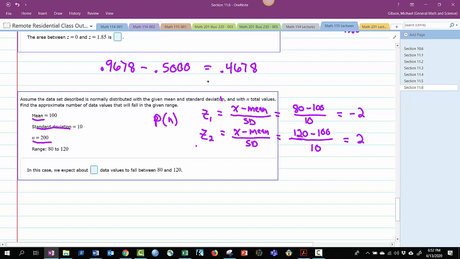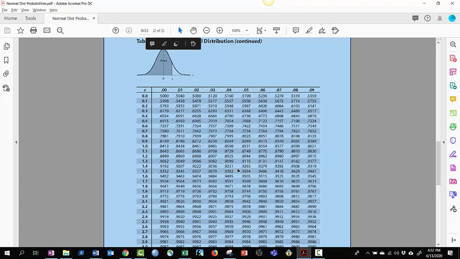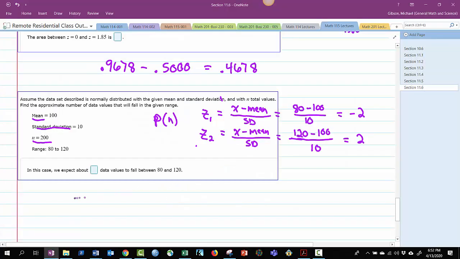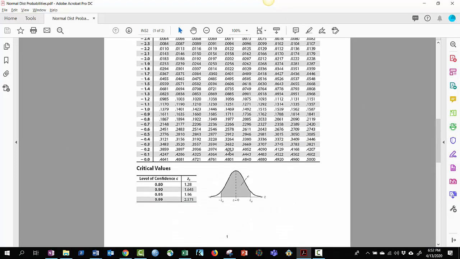This will work just like before, right? So we need the probability of being less than 2. Let's see, so we've got here 2.00 is 0.9772. Okay, 0.9772. Now we're going to subtract the probability of being less than minus 2, right? This is our other one right here. So to get minus 2, we have to go up to the previous table.